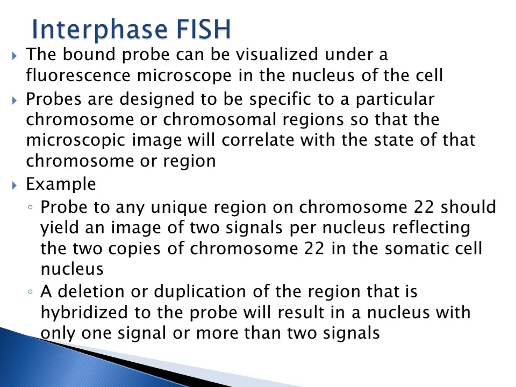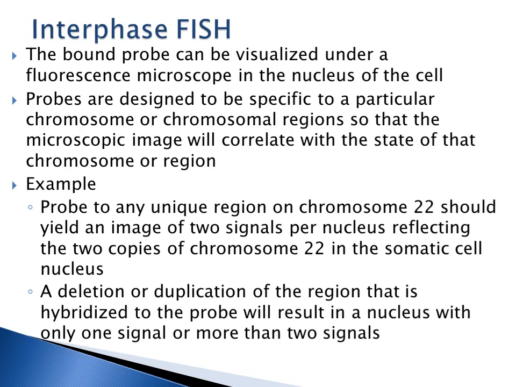In interphase FISH, the bound probe can be visualized under a fluorescent microscope in the nucleus of the cell. So you're actually looking at the nucleus. The probes are designed to be specific to a particular chromosome or chromosome region so that the microscopic image will correlate with the state of that chromosome or that region.